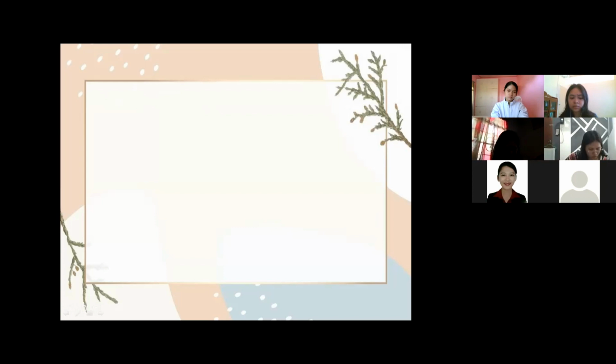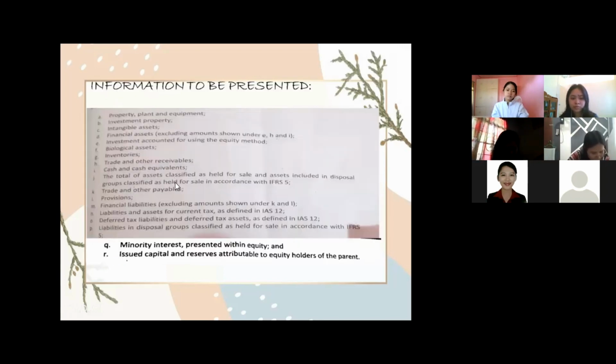According to IAS number 1, it does not prescribe the order or format in which an entity presents items. Nakalist lang yung mga ito. It simply provides a list of items that are sufficiently different in nature or function to warrant a separate presentation in the statement of financial position.